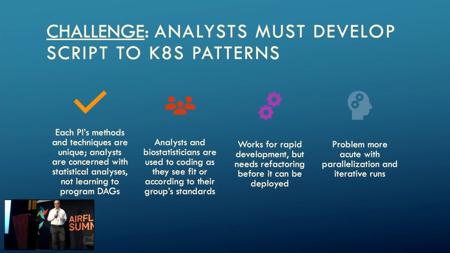So we're trying to educate folks into good programming practices, which are probably well known to all of you, but those programming practices make it much easier to deploy those workloads later.